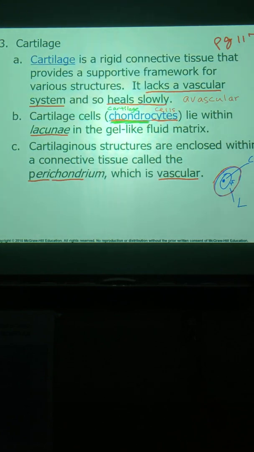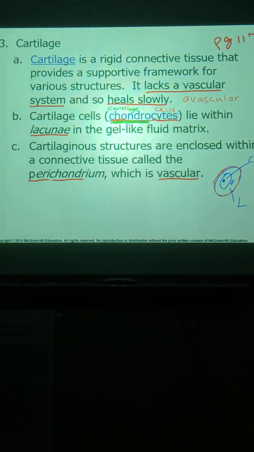Cartilage cells, chondrocytes, you know from the vocabulary, chondr, add the D, add the R, add the O, any of those means cartilage, cytes, cells, so put it together, cartilage cells are chondrocytes. And they lie in a lacunae, in a gel-like fluid matrix.